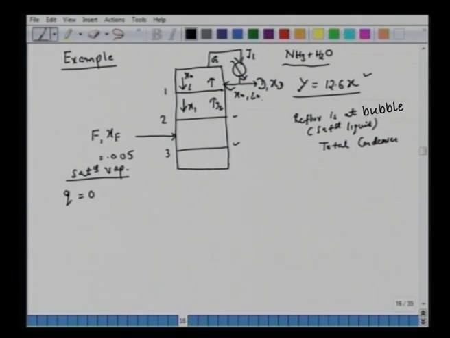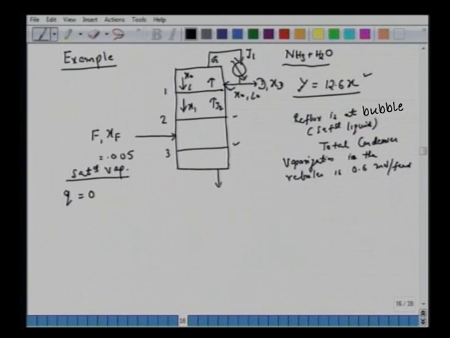About the reboiler, the problem statement reads: vaporization in the reboiler is 0.6 mole per mole of feed.